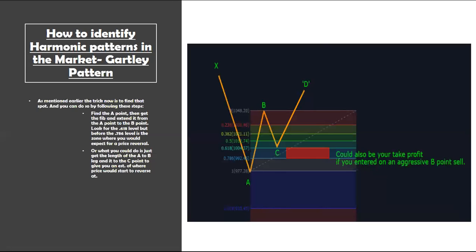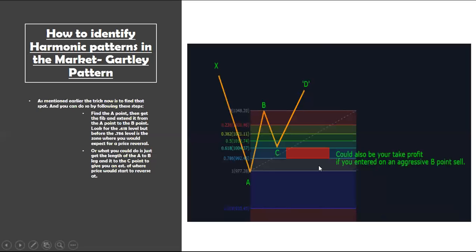And so you're not really sure. Like, let's say you made a trade off the second leg. So once that second leg was completed, you made a sell, right? And you're like, wow, I wonder where I should place my stop loss or my take profit.